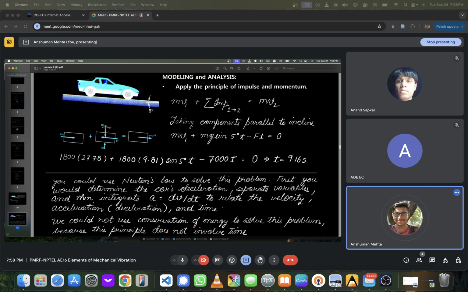V1 is 27.78 plus 1800 into 9.81 sine 5 degree times t will also be there, where the impulse now is minus 7000, that is also Ft into t.